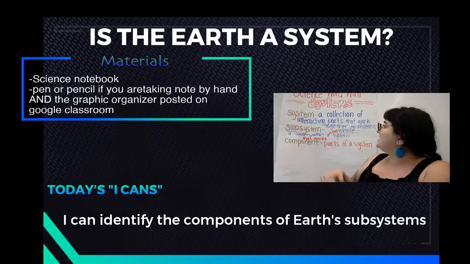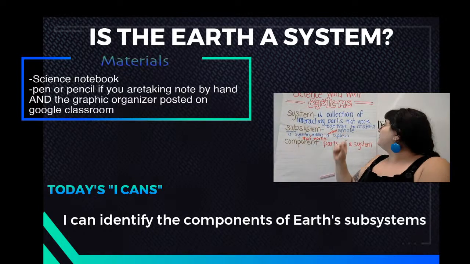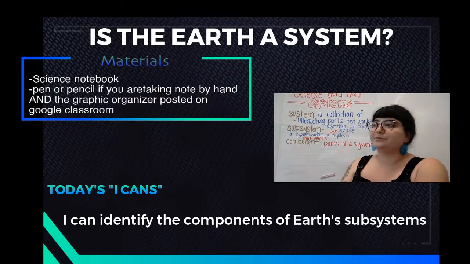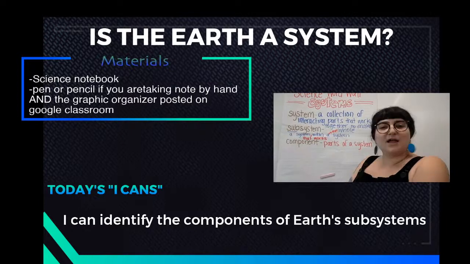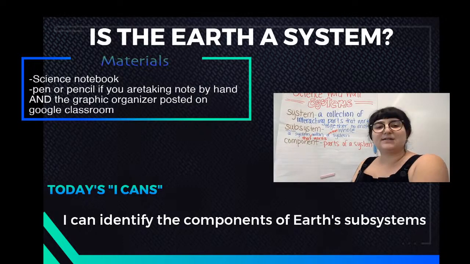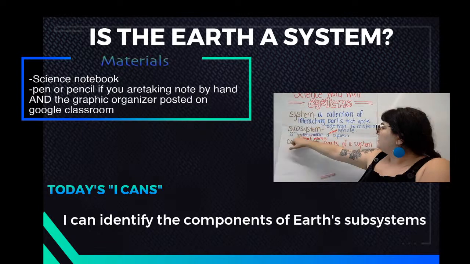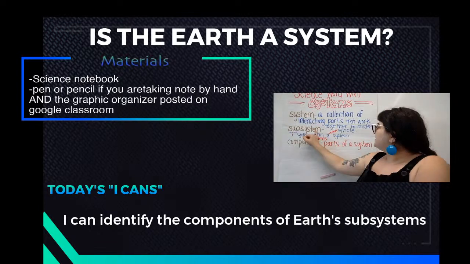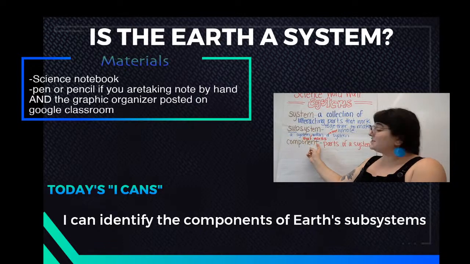Well, a system is a collection of interacting parts that work together to make a whole. Does Earth have a collection of interacting parts that work together? Does Earth have subsystems? If Earth is a system, are there subsystems? And a subsystem is a system, and I added some extra details here.